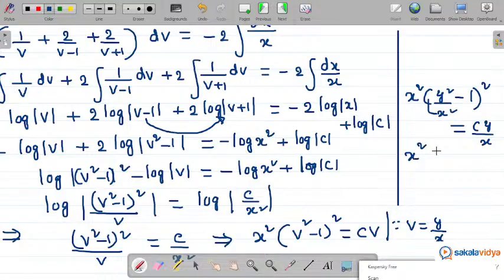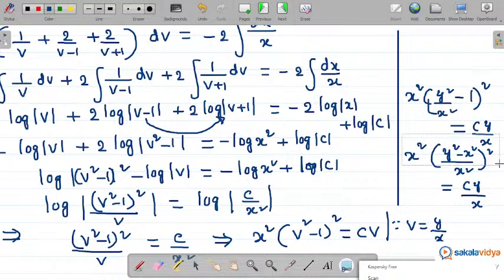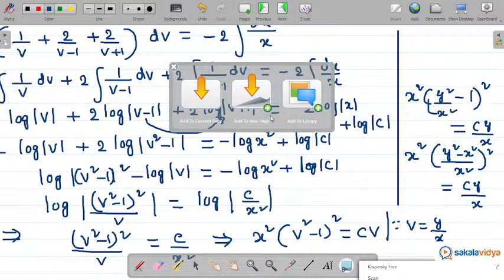X square into y square minus x square by x square whole square is equal to cy by x.